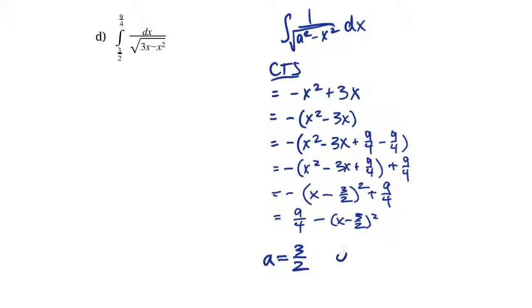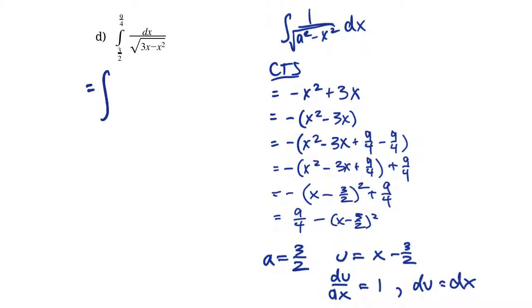And our u value, I'm going to call it u again instead of x, since we're making a substitution here, is x minus 3 halves. So once again, using our u substitution, du by dx is just equal to 1. Therefore, du is just equal to dx. That's an easy substitution to make. Let's plug that in here.